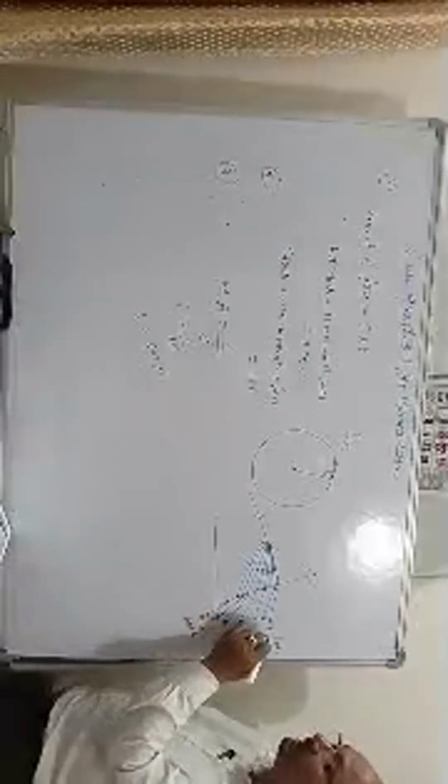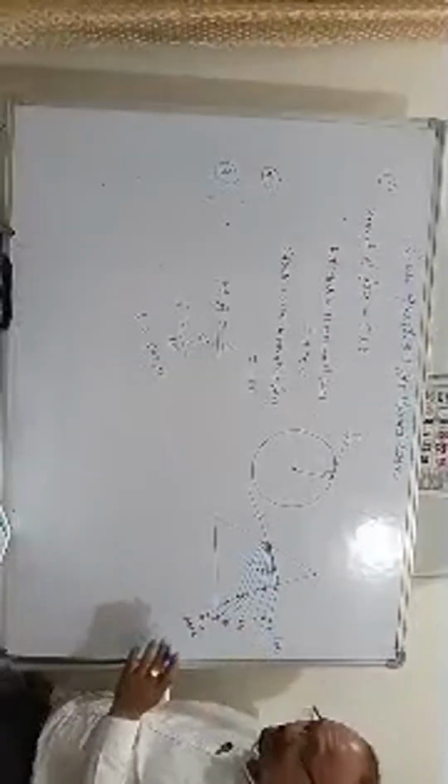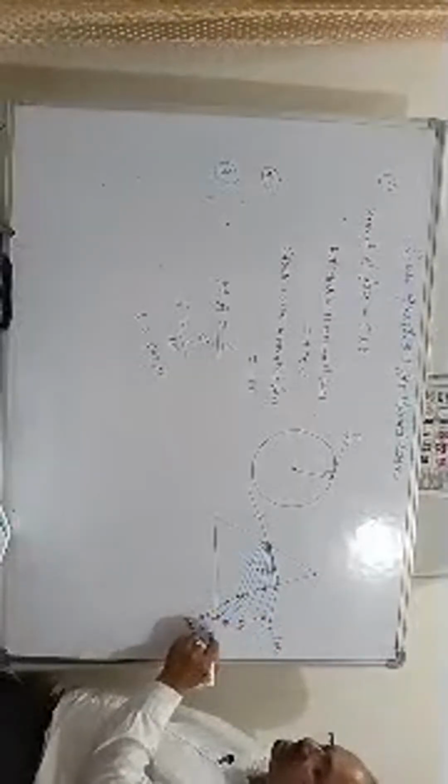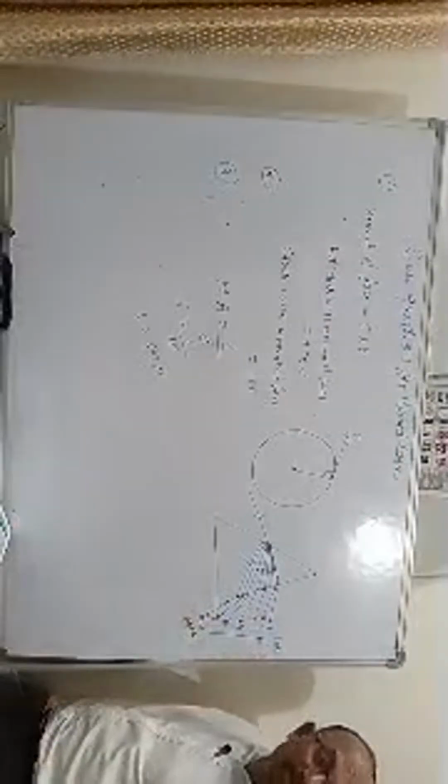Violet has the more refractive index, and red has less, very less. This is the descending order of the refractive index, asked in the question paper.